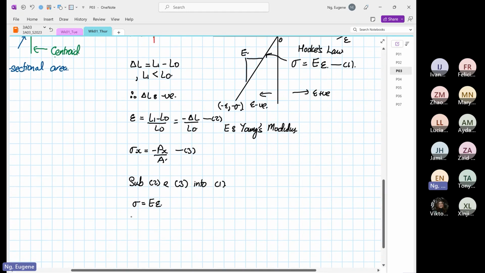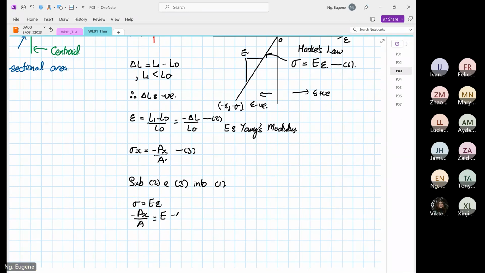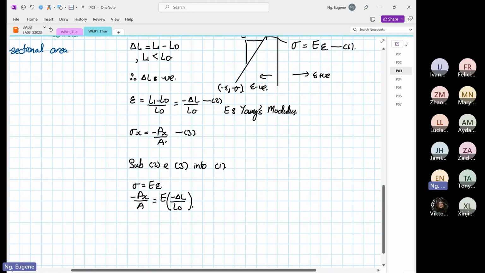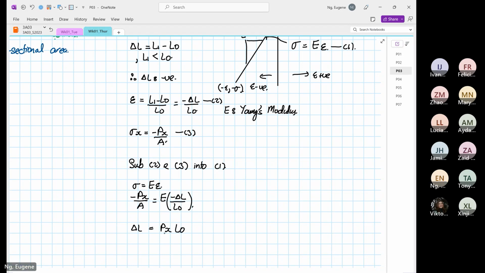So what we have is minus Px over A is equal to E, and the strain is minus delta L over L naught. So we can write the change in length delta L is equal to Px L naught over AE.